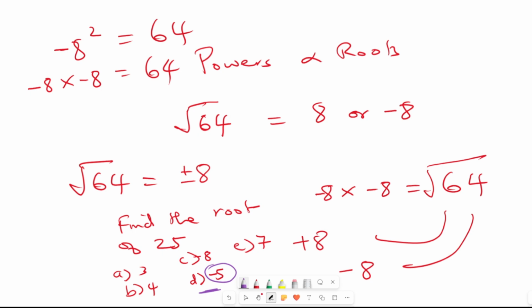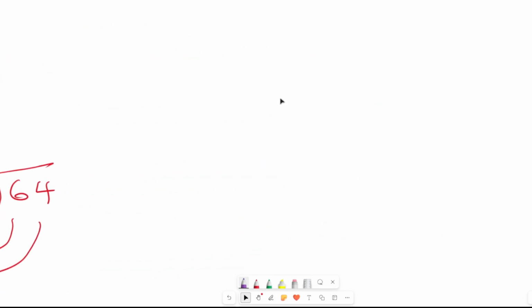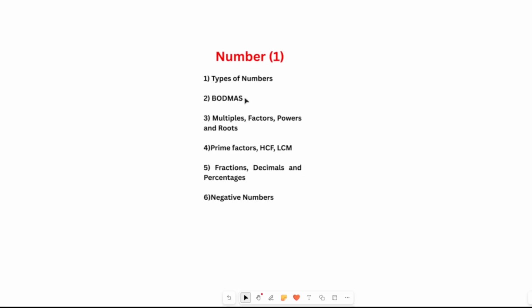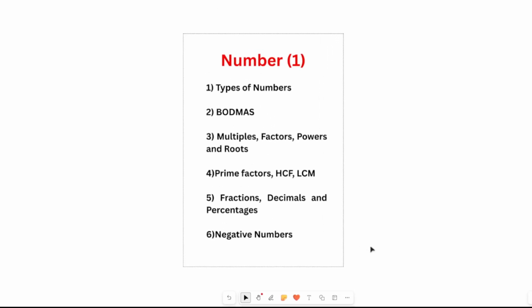We will bring our lesson to an end here. Thank you very much. And this brings us to the end of our first major topic, number part 1. There is also number 2, where we look at some other more advanced number behavior.